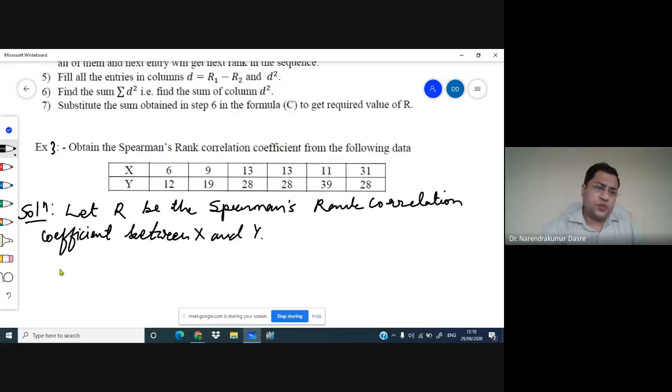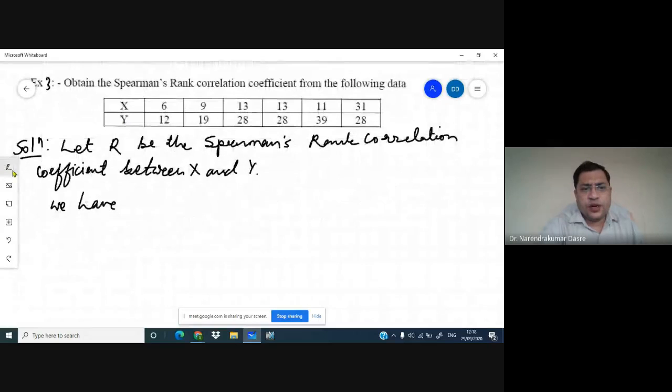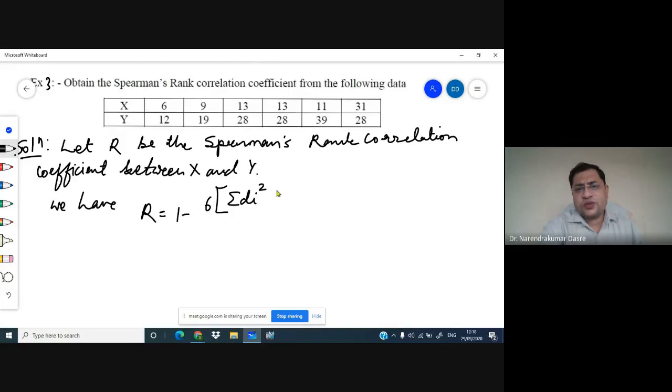So what is the formula? The general form we can write as R = 1 minus 6 times [summation di square plus 1 by 12 summation mi cube minus mi], and upon this n cube minus n remains as it is.